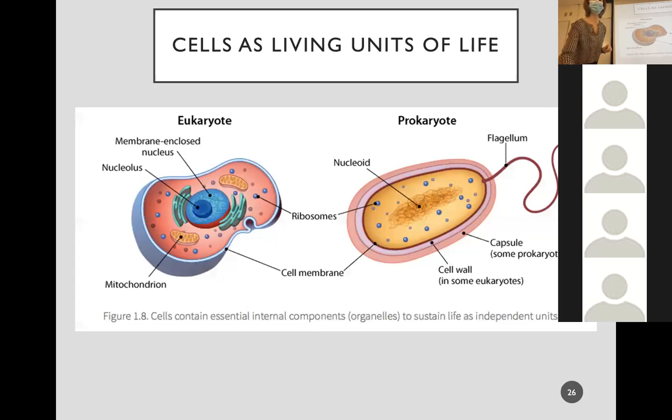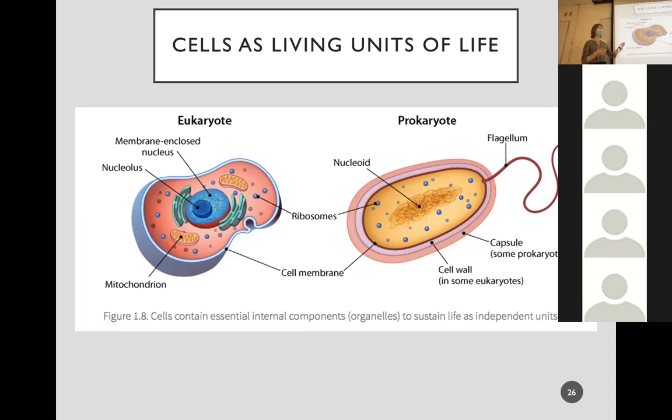Just as a really quick review, there are two main kinds of cells. There are the prokaryotes, which you can think of as the bacteria. So single-celled organisms. They don't have, for the most part, any organelles other than ribosomes. Everything's just kind of swishing around in the cytoplasm. We really won't be focusing on them unless we're talking about some kind of bacterial-based disease.